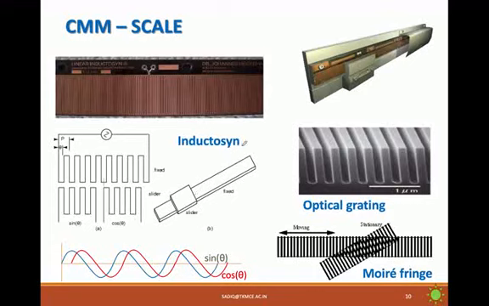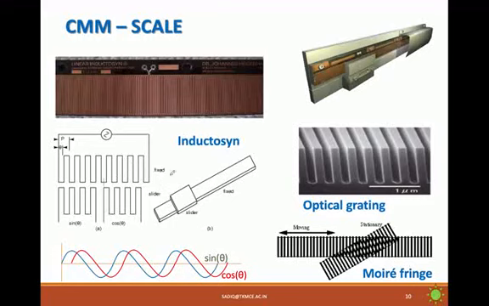One is the inductosyn, a kind of scale that works based on the magnetic induction principle. This consists of a fixed scale, which has magnetic windings on it. And there is a slider that will have two windings which are 90-degree offset to each other.